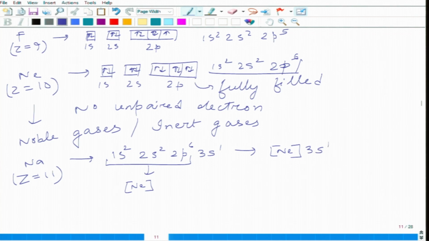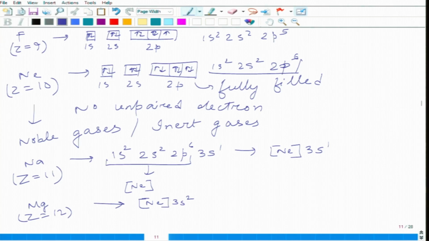Similarly, after sodium we have magnesium, Z equal to 12. We can write it like this: neon 3s2. So we can write up to the next noble gas with these configurations.